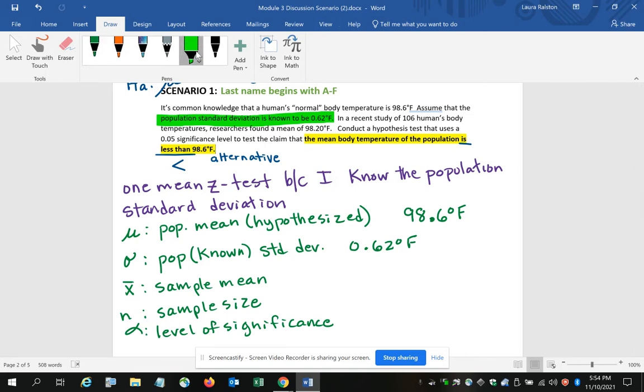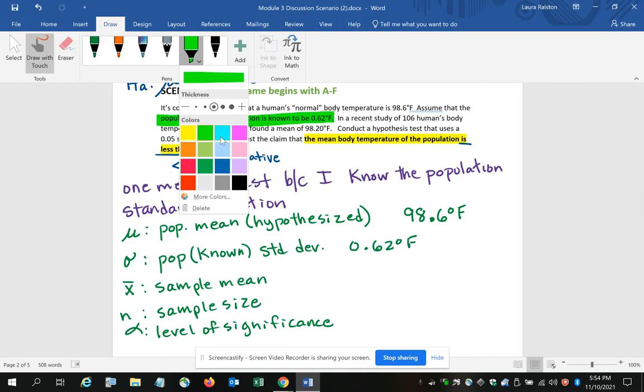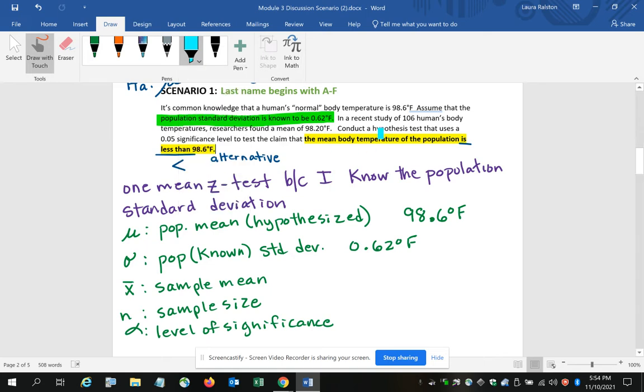If I go back and read a little bit more, kind of scan it, in the third sentence it says, in a study of 106 human body temperatures, so that tells me that my sample size was 106.